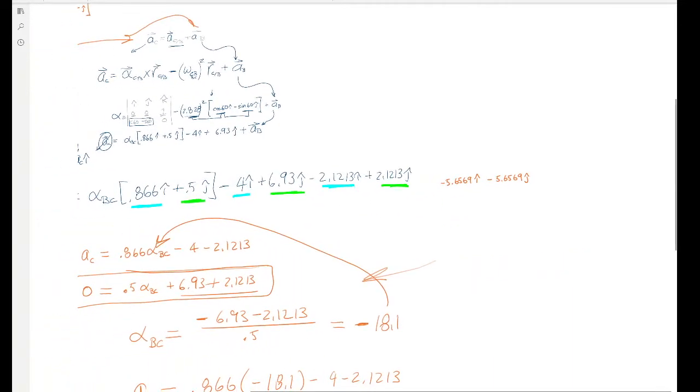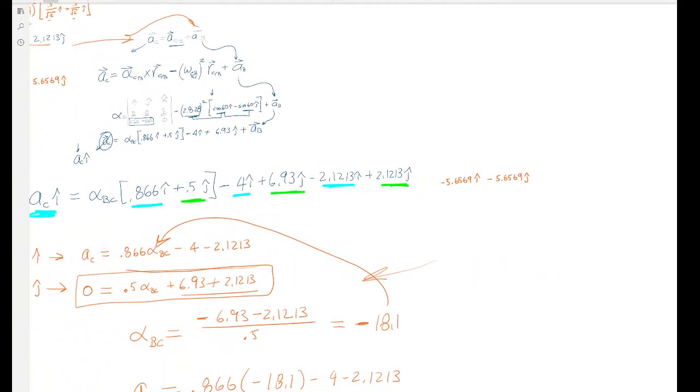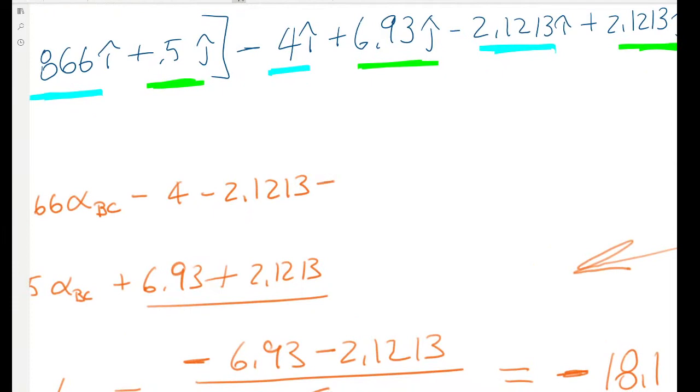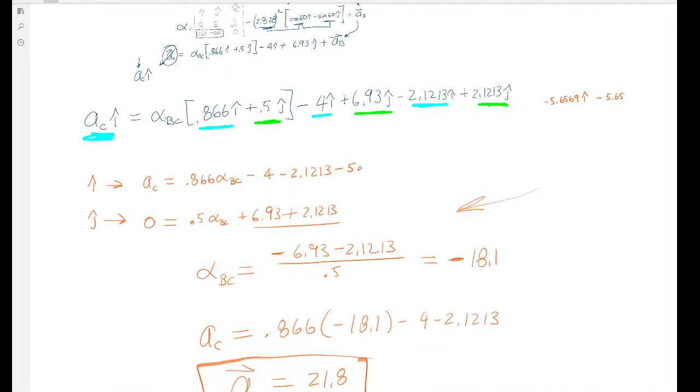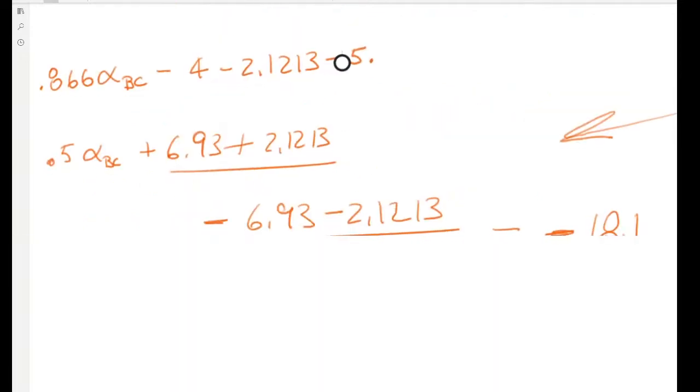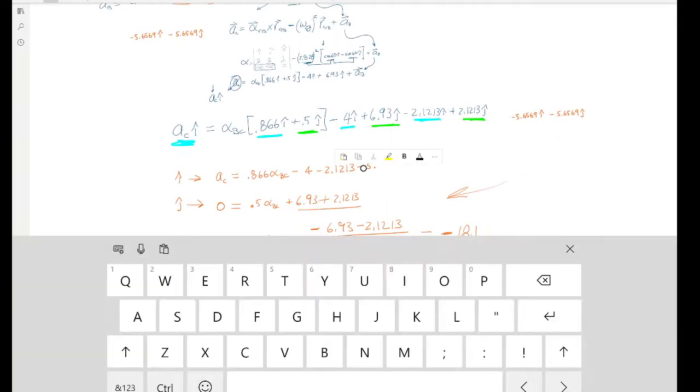Okay, so what I need to do is take off those components from both. Minus 5.6569. See, it's just randomly going berserk here.